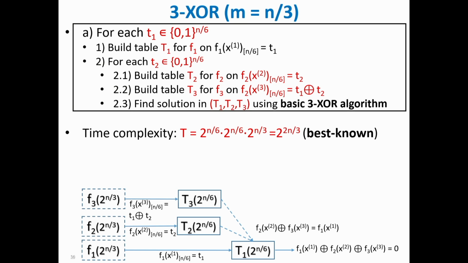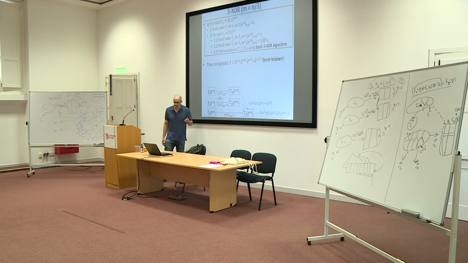Remember, we had these functions, and we're building smaller tables for each function by iterating over prefixes, and then we merge them together, and we hope for a 3 XOR solution. And this was the space optimized algorithm that has a time complexity of 2 to the 2n over 3. Actually, I'm not going to care about space complexity in this part. I'm just going to care about time complexity.